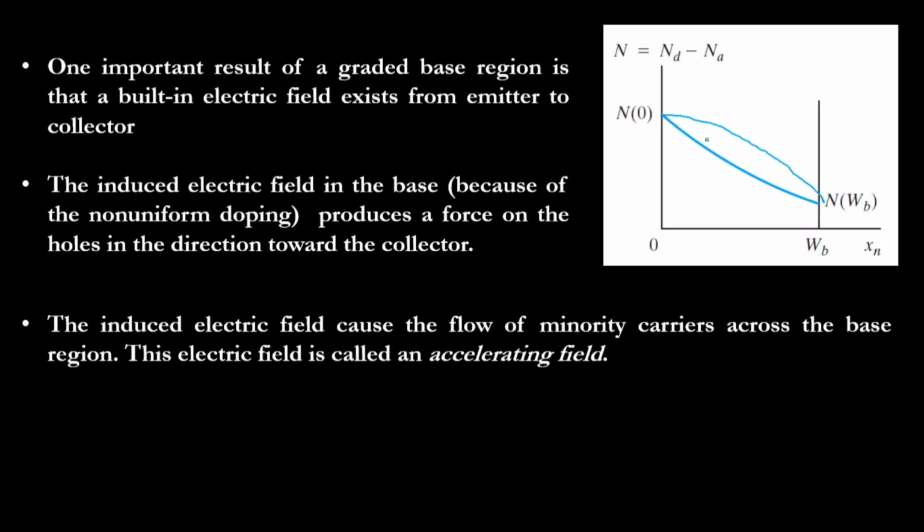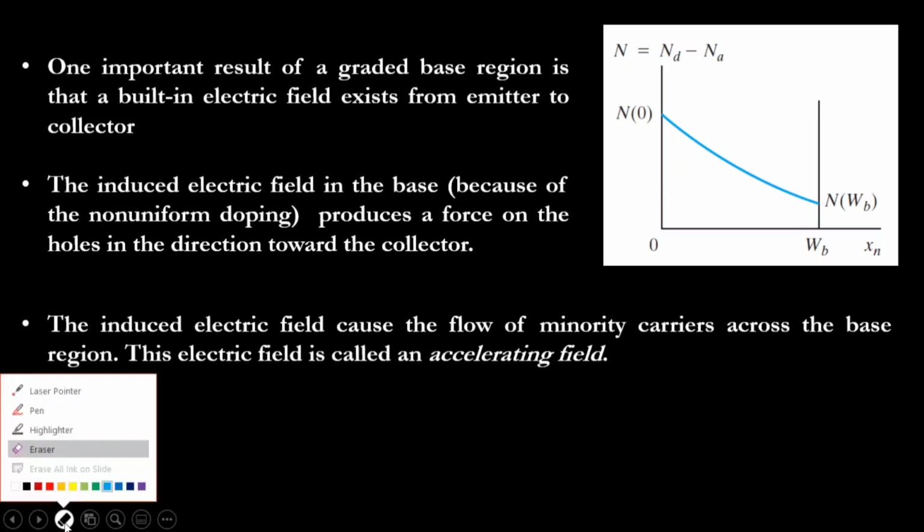Why this difference? Because when I add a donor impurity on the p-type material, definitely some of the electrons are going to recombine with the holes which are already available in the base semiconductor, and finally after some time we will get a concentration profile like this.